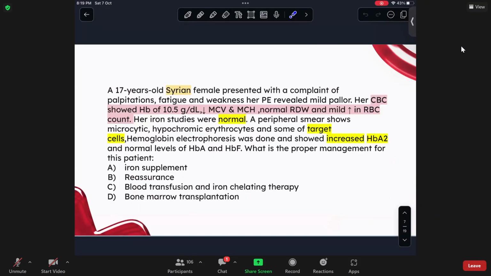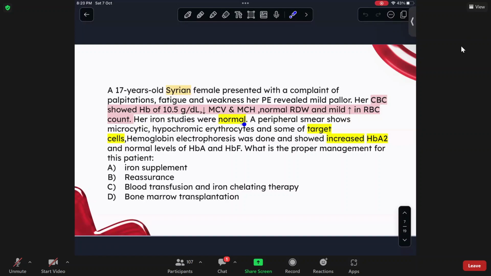Okay, now I have this question. I hope you can get it right. A 17-year-old Syrian female presented with a complaint of palpitation, fatigue, weakness. Her physical examination revealed mild pallor. Her CBC showed hemoglobin of 10.5, MCV reduced, MCH reduced, normal RDW, mild increase in RBCs.